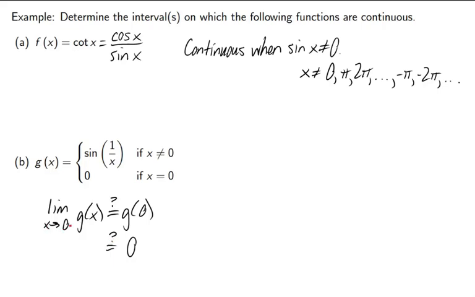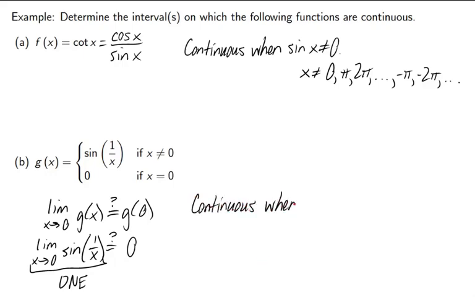Now when we're taking the limit as x approaches 0, we're looking at values getting closer to 0 but aren't 0. So really we're looking at this. And as we know, this does not exist. It certainly does not equal 0, and that means the function is continuous when x does not equal 0.